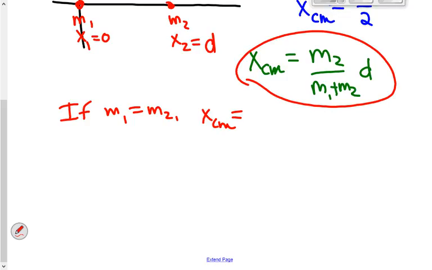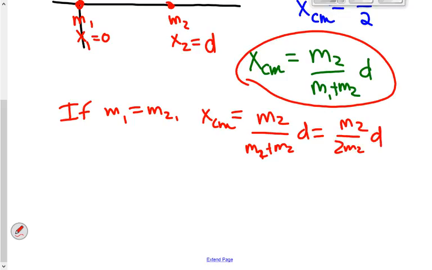Choose m1 or m2 and substitute in for it. I'm going to get 1/2 d, right? Because I'm going to have m2 over m2 plus m2 times d, or m2 over 2m2 times d. Those m2's will cancel, and it'll give me d over 2, which is exactly what we predicted: if the masses were equal, the center of mass would be in the middle.